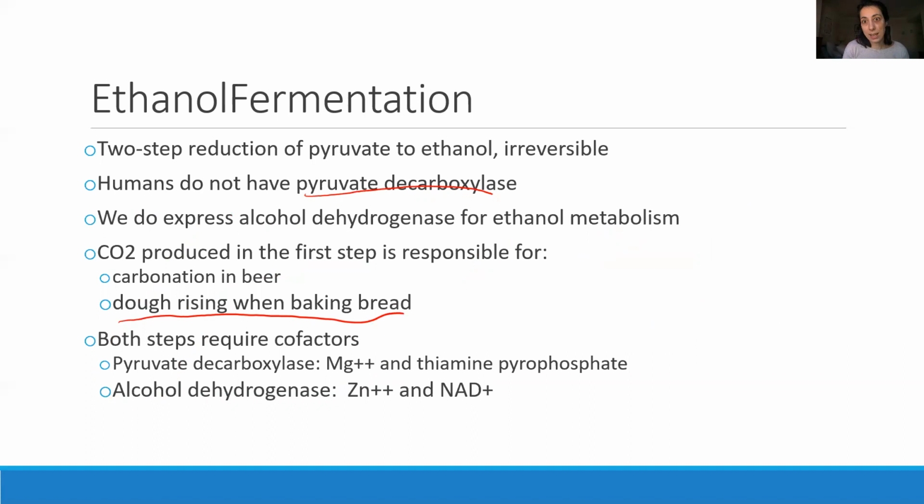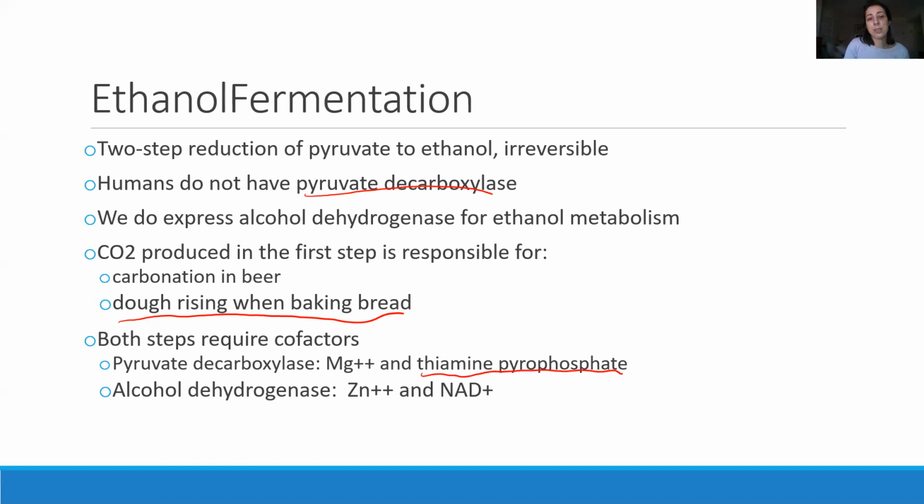Now, both of these steps are also regulated. They do require cofactors. Pyruvate decarboxylase uses magnesium. Again, magnesium is very important in general in both glycolysis and fermentation. It also uses thiamine phosphate. This is a cofactor we'll see again in the future.